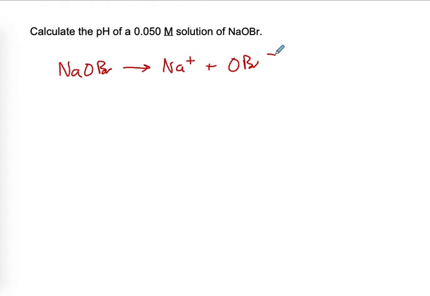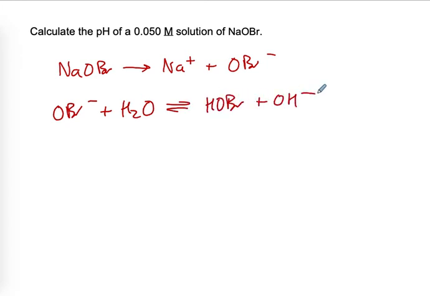Again, this is not an equilibrium. It is not governed by an equilibrium constant Ka or Kb. It simply shows the dissolution and dissociation of the salt to produce the hypobromite anion, which, being the conjugate base of the weak acid hypobromous acid, will undergo ionization in water to form hypobromous acid plus hydroxide. That's why it forms a basic solution.